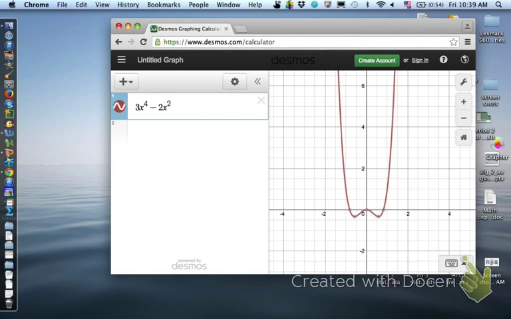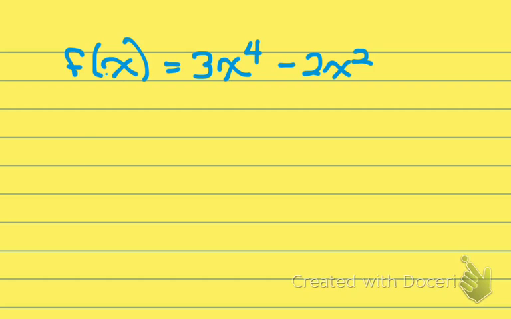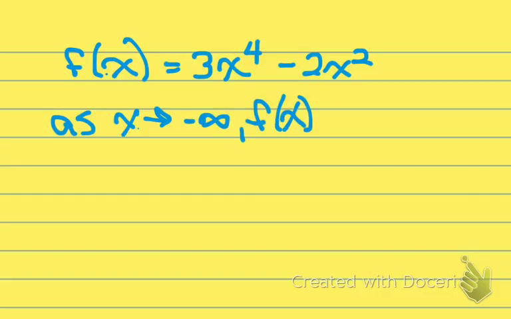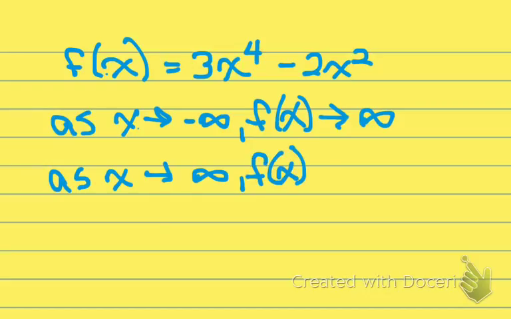So in end behavior notation, we would write as x goes to negative infinity, f of x goes to infinity. And as x goes to positive infinity, f of x goes to positive infinity. They can be the same, and that's okay. Notice that for end behavior, you've got to write both the left and the right ends to have it correct.